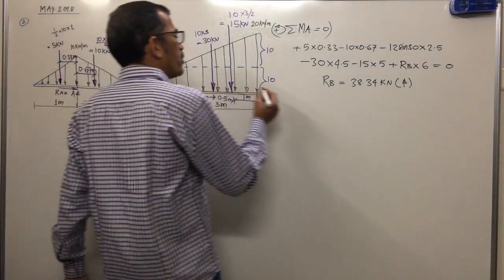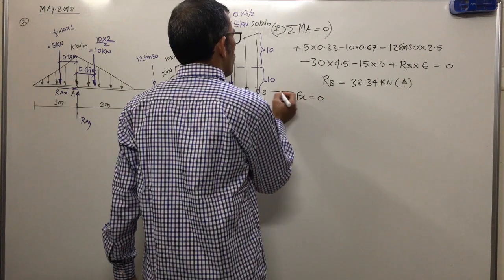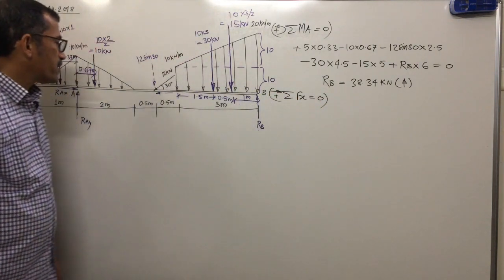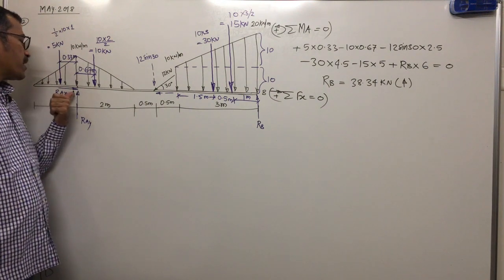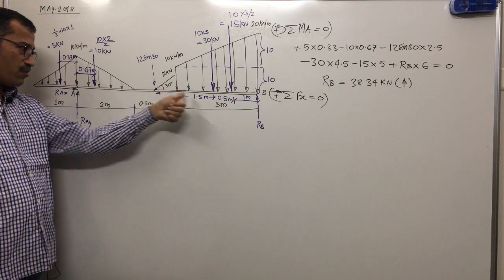Clear? Now next, summation of Fx equal to 0, assuming upward force is positive. Along the x-axis, check what the forces are. One is Rax, and the other is the component of 12 leftward, minus 12 cos 30.